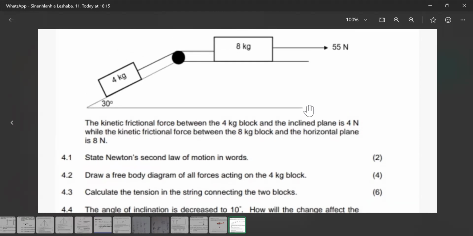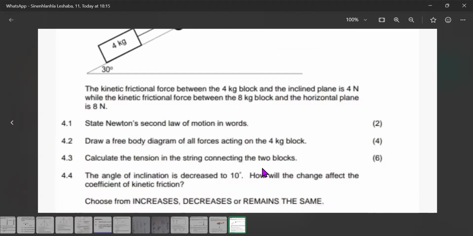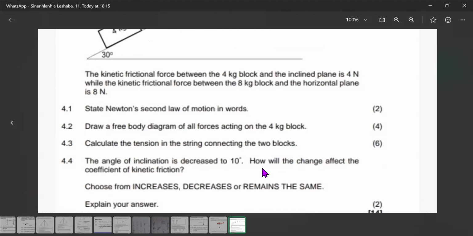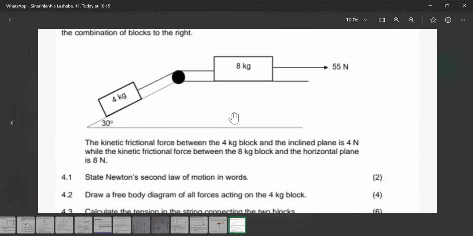So you're going to apply Newton's second law of motion to each of these blocks individually, and then you have to use simultaneous equations. Of course, you'll see that as we do it. So let's go ahead and draw the free body diagrams for these 2 blocks.